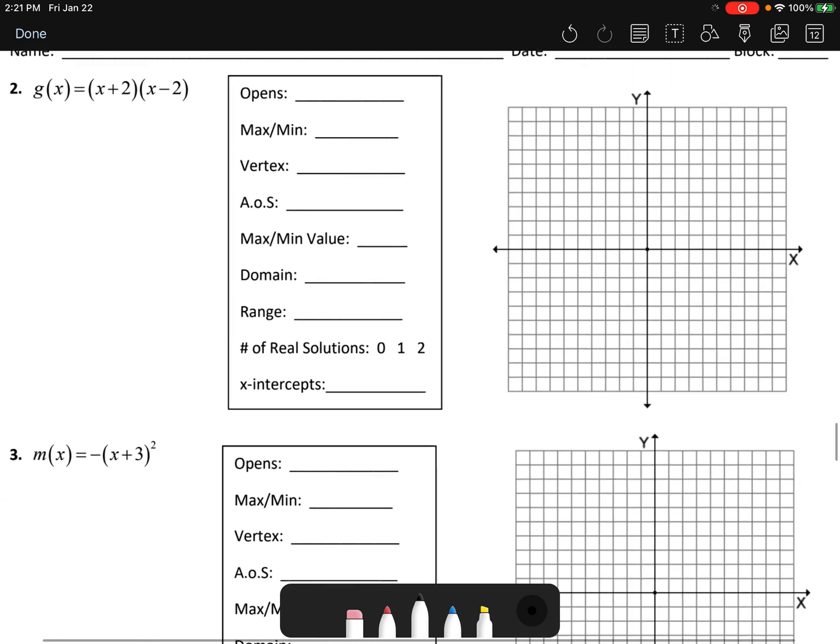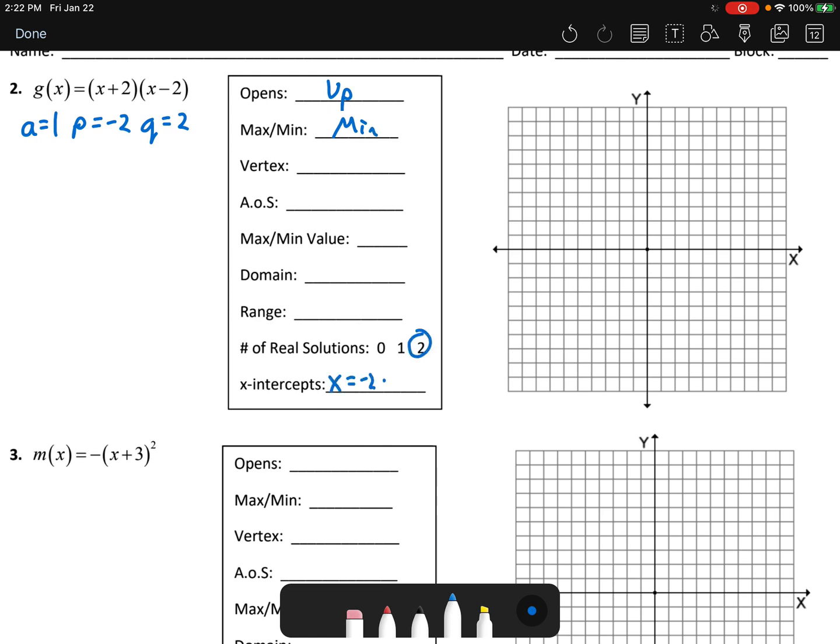Okay, same idea on the next one. What is A in this case? 1, isn't it? If there's nothing there, it's got to be a 1. P, negative 2. Q, positive 2. Notice how P and Q are the opposites. Okay? So it opens up, so it has a minimum.